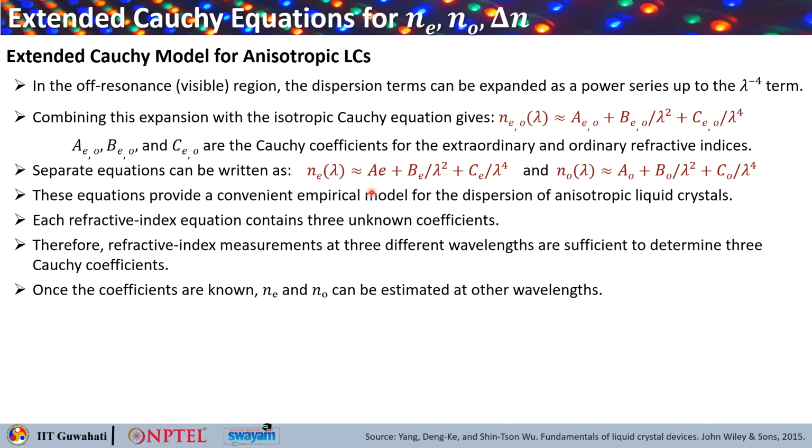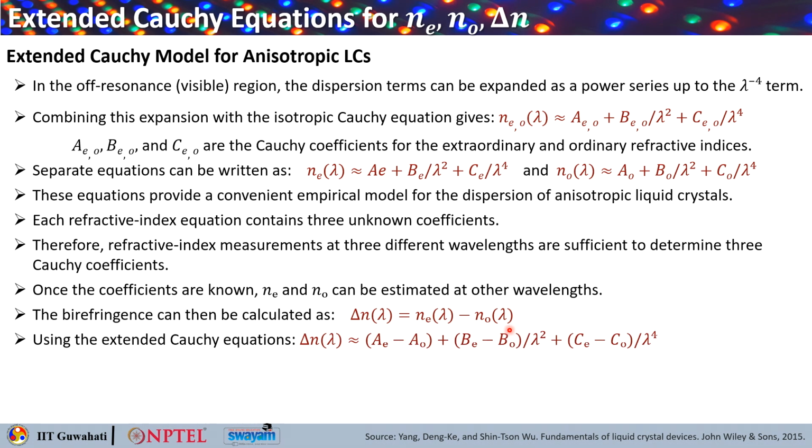So, once you know these A, B and C coefficients, you can find out what is Ne and No for a particular wavelength, and then it can be repeated for any other wavelength. So, once you know Ne and No, you can also find out what is delta n as a function of lambda, that will be Ne of lambda minus No of lambda.